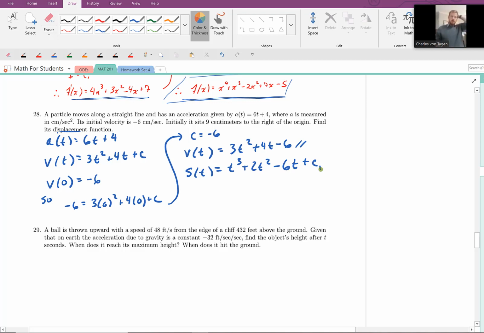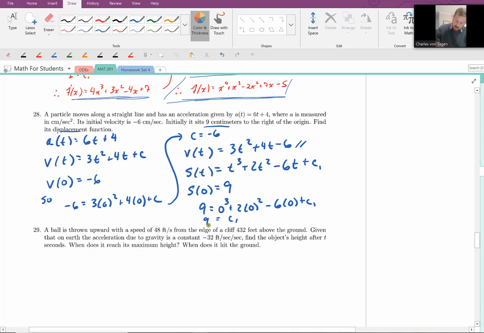And here we were told that our initial displacement was 9 centimeters to the right, so we know that s of 0 is equal to 9, and so we end up with 9 is equal to 0 cubed plus 2 times 0 squared minus 6 times 0 plus c1, or that c1 is equal to 9.